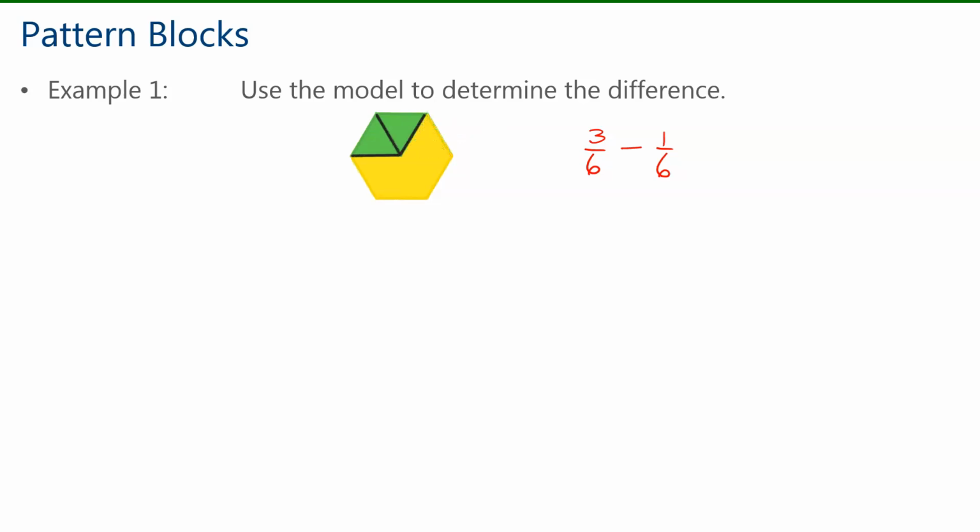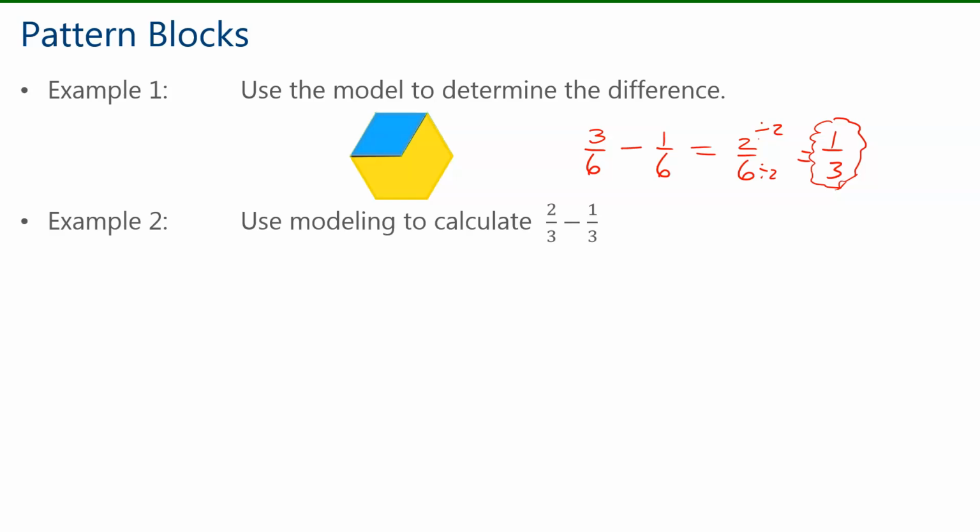And if I do it, I'm left with 2 triangles, or 2/6, which I can reduce using the GCF of 2 again to 1/3. And that makes perfect sense with our pattern blocks because we associate what shape with the 2 triangles? That's right, a rhombus. A rhombus is a third.